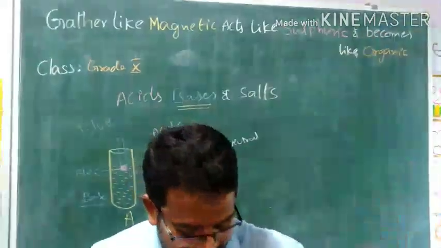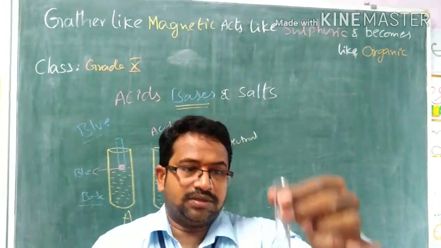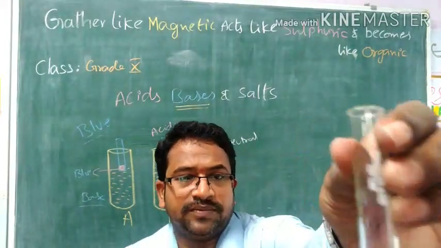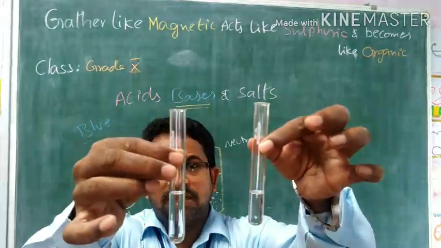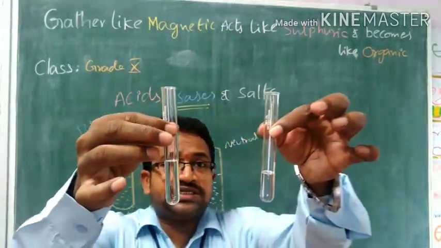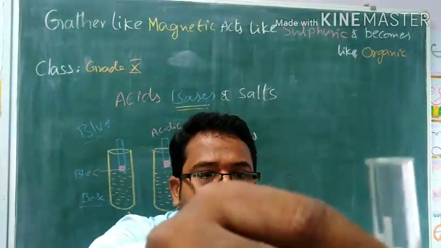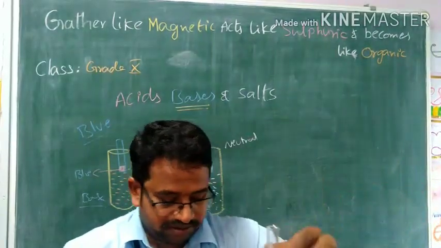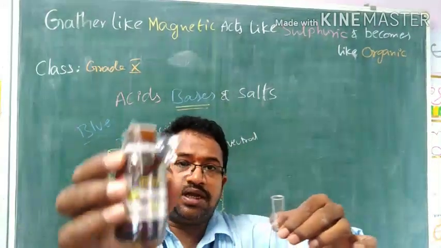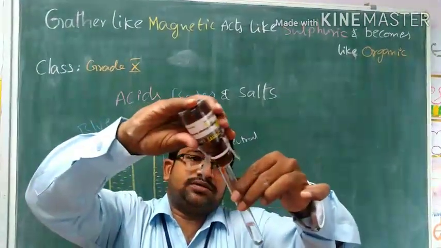Next about this one, it's also not affected. So in these two, it is also colorless. Now I want to find which is acid and which is neutral among these two. So first I am going to take this one and add another indicator, methyl orange.